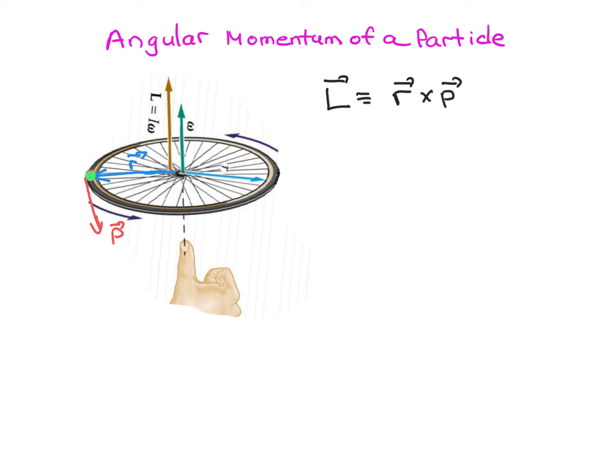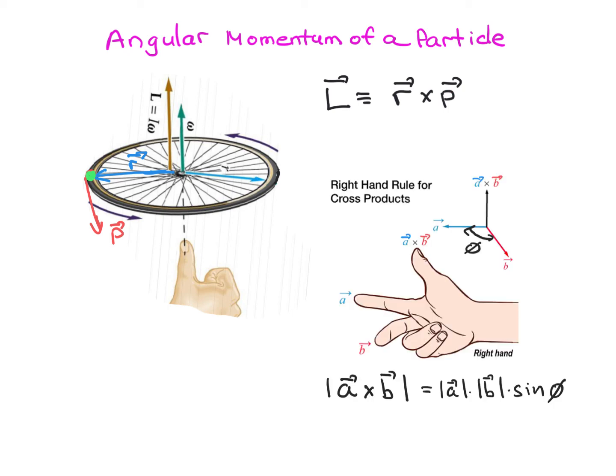So what is a cross product? This figure down here shows you how we define the cross product of any two vectors. Imagine I've got a vector A, the blue arrow, and a vector B, the red arrow, and these two arrows are separated by some angle, which we'll call phi.